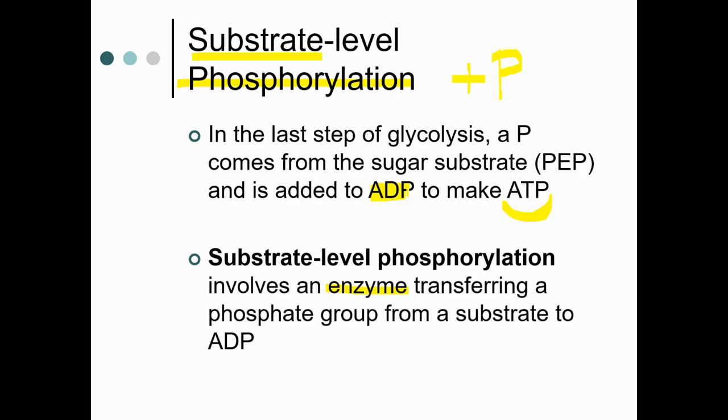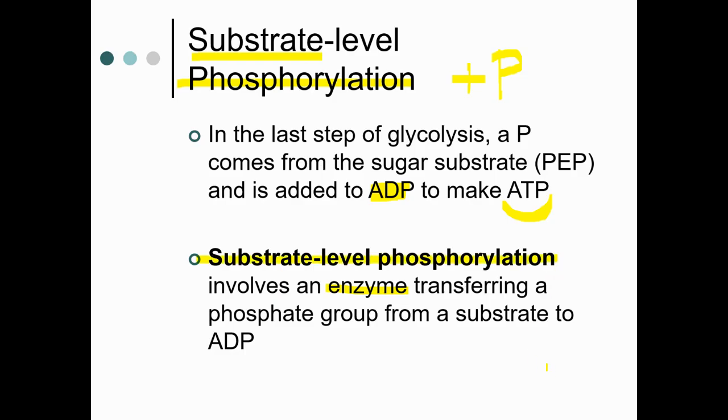Anytime you make a bond, it requires some energy. So what we're doing in this whole process is we're breaking down molecules and getting energy so that we can add phosphates to make ATP. Phosphorylation is just adding a phosphate to something. And when we're using energy from enzyme reactions, we call that substrate level phosphorylation.